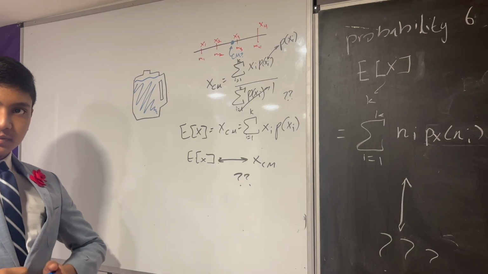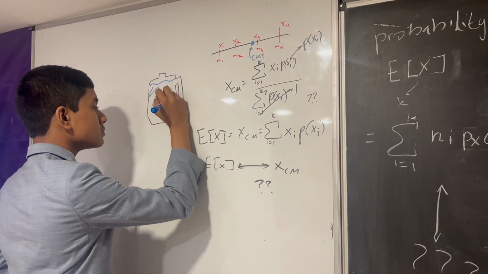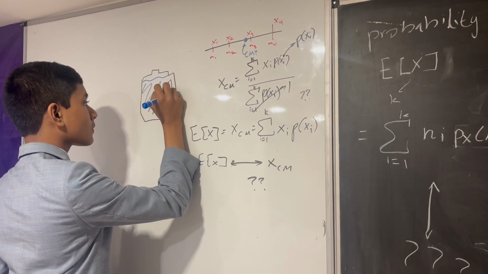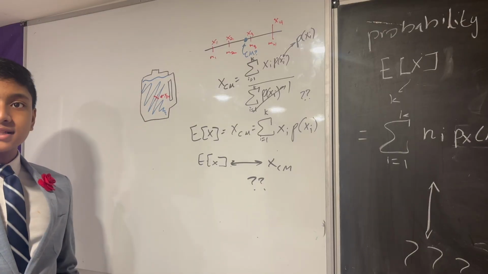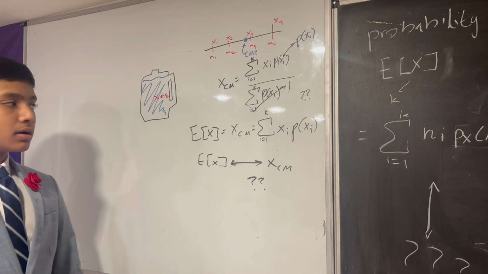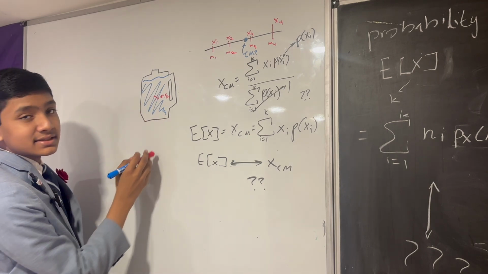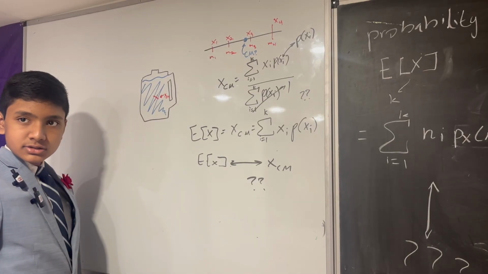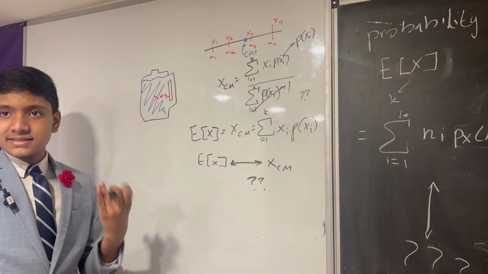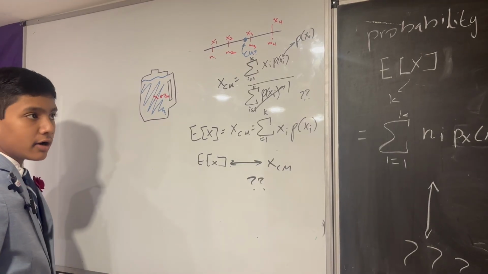Well, it's going to be right in the middle. But does that mean that the water in the middle is denser than every other part of the water? Is this any more dense than the water is at the bottom or at the top? No, right? So here, the center of mass is in the most dense part.